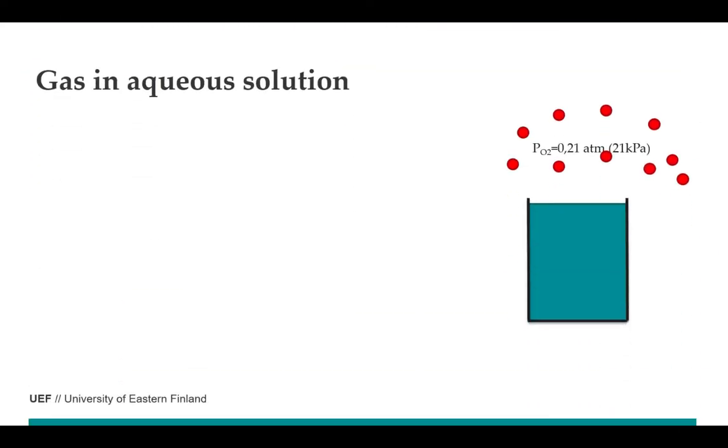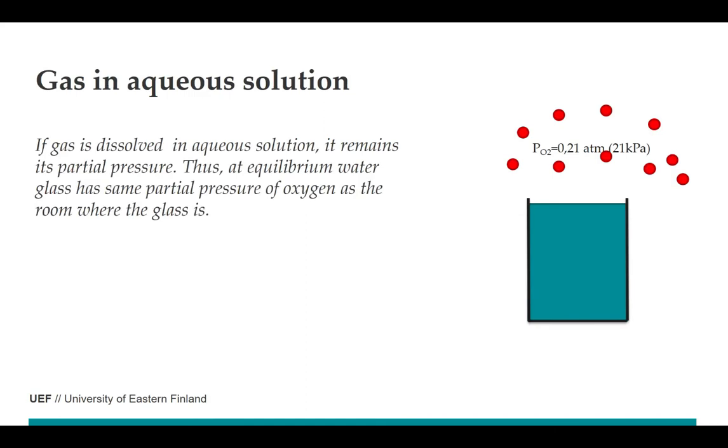And then we can calculate how much oxygen there is, what the partial pressure is, in a solution that is in equilibrium with the air around us. So when we have, for example, a water glass, it goes into equilibrium with the air.